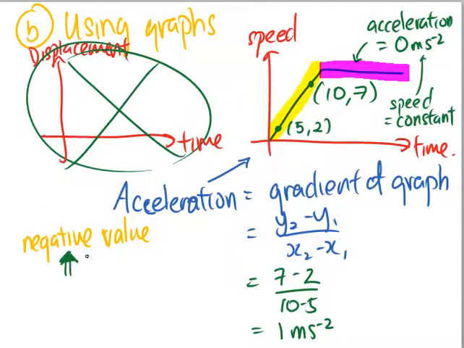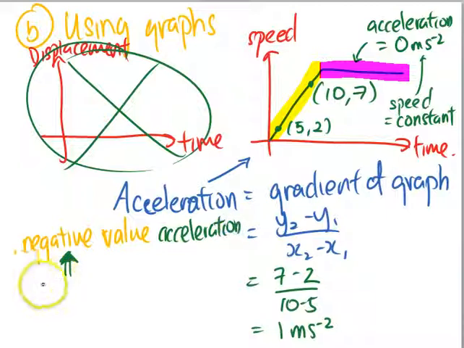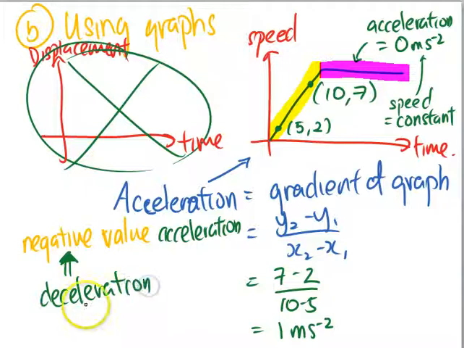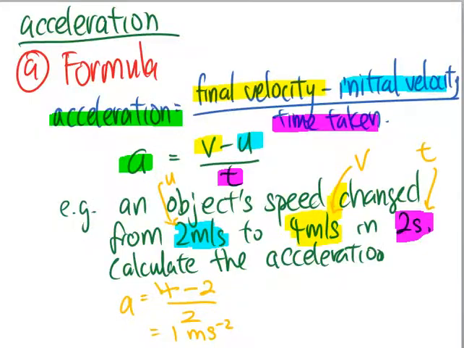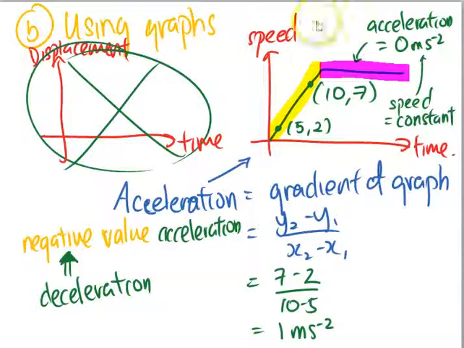A negative value acceleration is also equals to deceleration. So just take note of this. Okay, so this is with regards to calculating for your acceleration. You got your formula and you have your using the graphs. Graphs wise, it's only gradient for your speed time graph. So that's all with regards to acceleration.